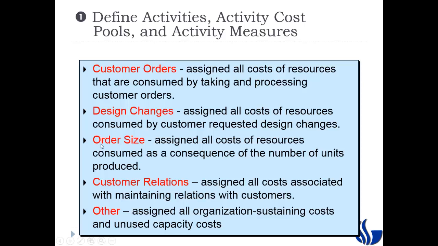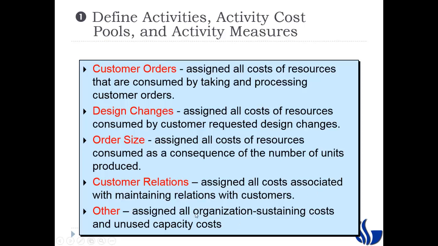We've got order size cost pool. These are assigned all the costs of resources consumed as a consequence of the number of units produced. So because it's based on number of units produced, this is a unit level cost pool. Customer relations cost pool, assign all costs associated with maintaining relations with customers. This is probably a customer level cost pool. It will vary based on the number or type of customers they have. And then this other cost pool that is assigned all organization sustaining costs and unused capacity costs.